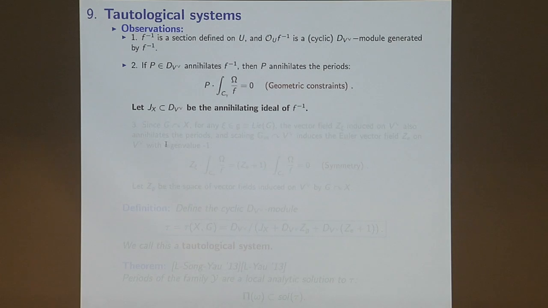Because differentiation commutes with integration over the cycle, P moves inside and annihilates 1 over f, because omega is a sort of constant form. So every differential operator that kills the function 1 over f automatically kills the period integral. So what you get is a set of geometric constraints. I denote the ideal that annihilates 1 over f as J_X.